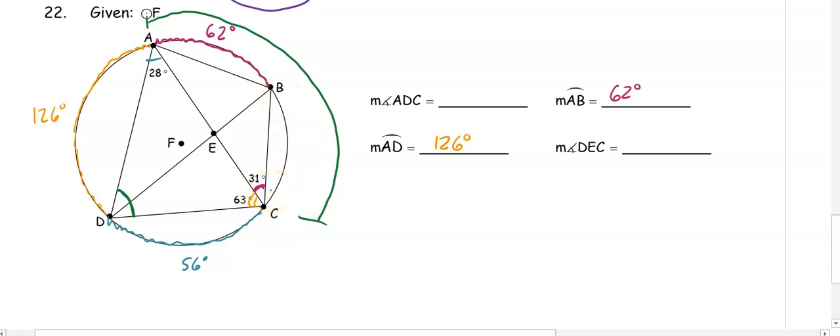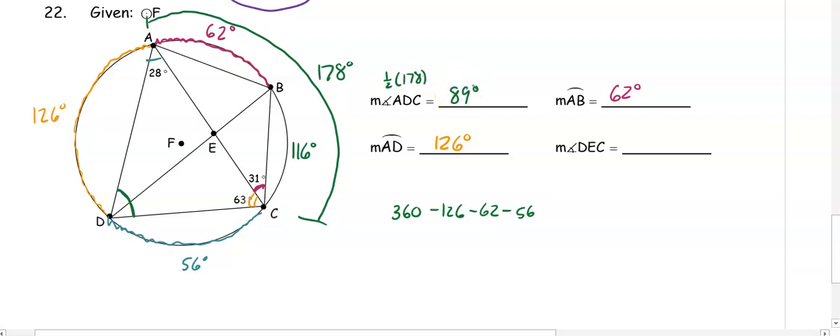In our circle, we have 3 arcs already, so 360 minus 126 minus 62 minus 56 gets us 116 degrees. So we can add those two together. 62 plus 116 gets us 178. And because we're going to an angle, we can cut that in half. So divide by 2, and we get that this angle is 89 degrees.